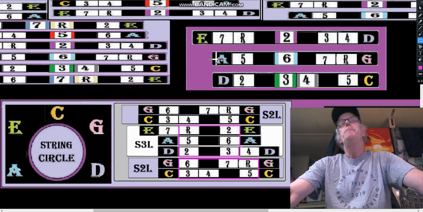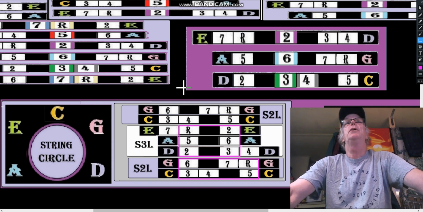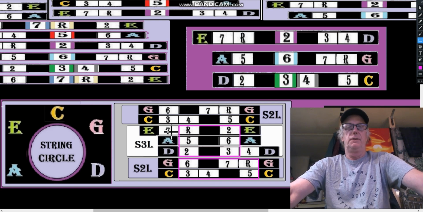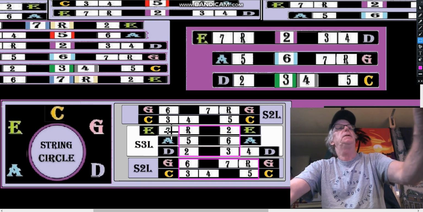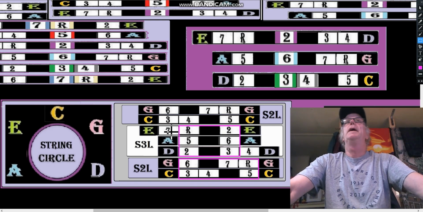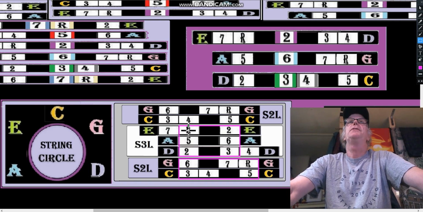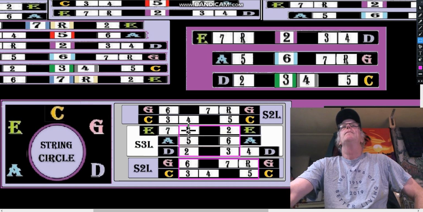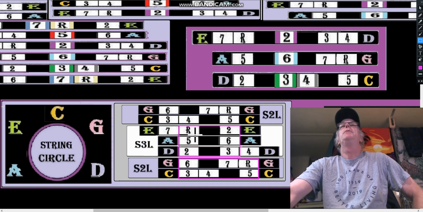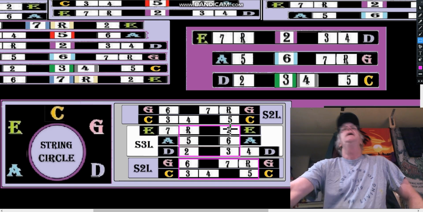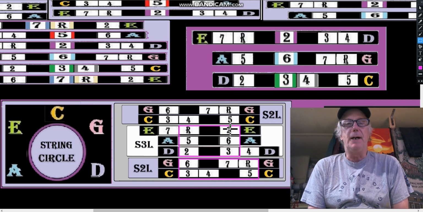This is just a repeat of the long pattern to show you how they stack up and stack up. If they kept stacking, they'd be going off to the left there, because every time you add an S3L, you're going over 1 on the 7. That 7 in the key of C would be B. 7 to root is like B to C in the key of C. The important thing to remember is this stack of 3 short here, 2, 3, 5, 6, root 2, is important in pentatonic scales.